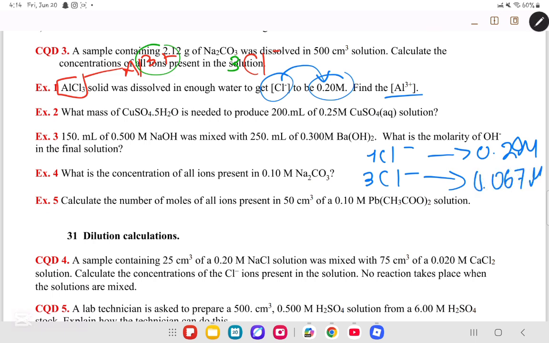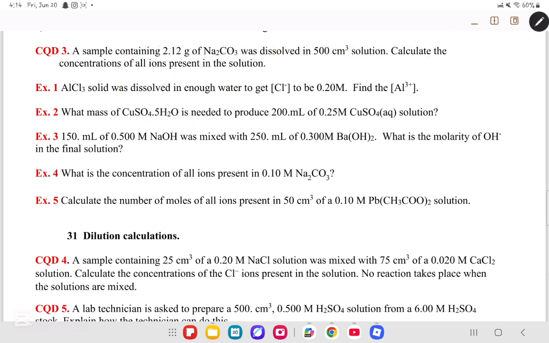Now, because this and this are balanced, if this gets 0.067 molarity, then this will get 0.067 molarity. So the concentration of Al3 plus is 0.067 molarity.